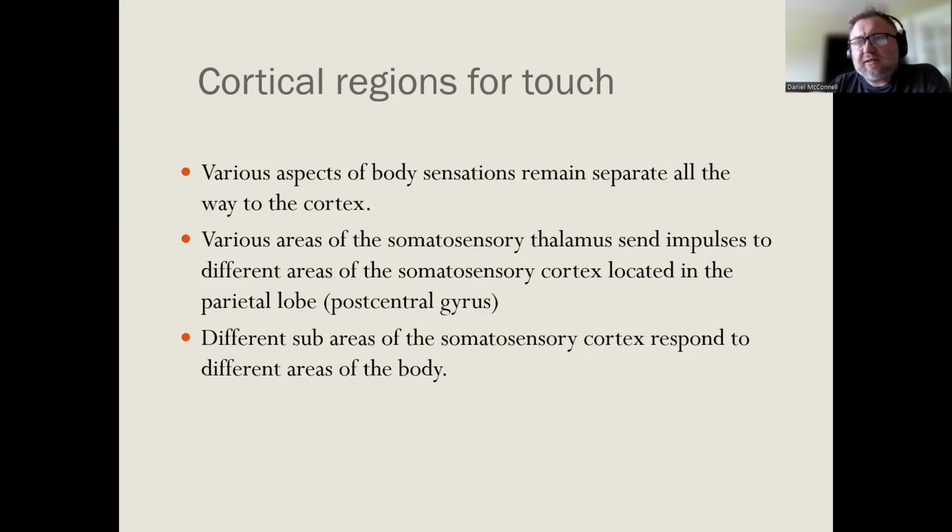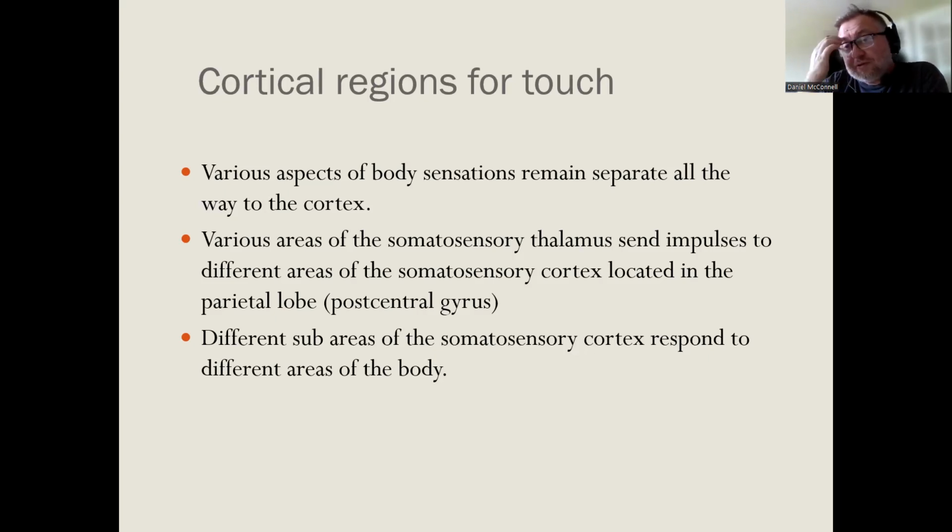So we see essentially a body map here, or a body representation within the somatosensory cortex, so that regions of activation on the palm of the hand, for example, all map to neighboring regions of the somatosensory cortex. And so in that way, the various locations of the body are mapped out in the somatosensory area.